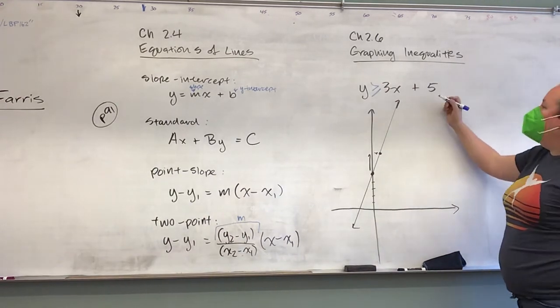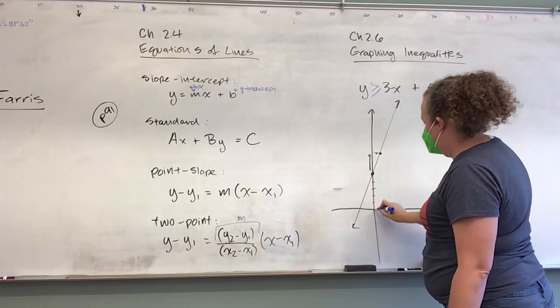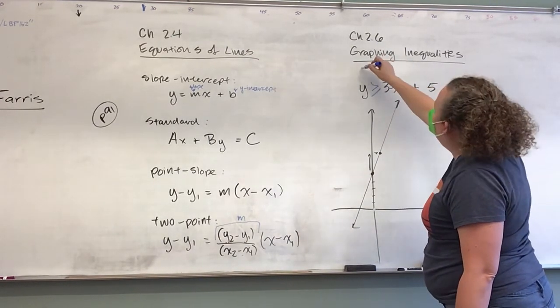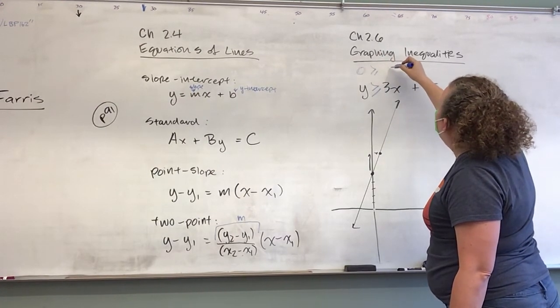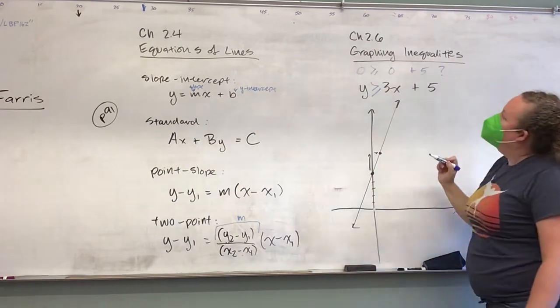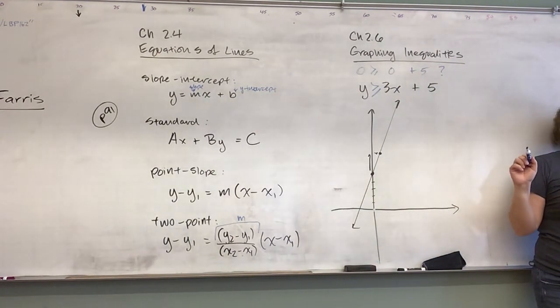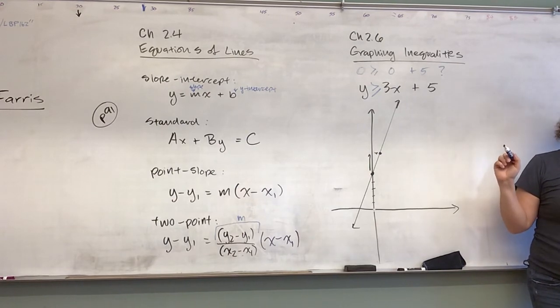So if we plug in 0, 0 here, so we're looking at this point right here, we say 0 is greater than or equal to 0 plus 5, and we ask the question, is that statement true? Is 0 greater than or equal to 5?